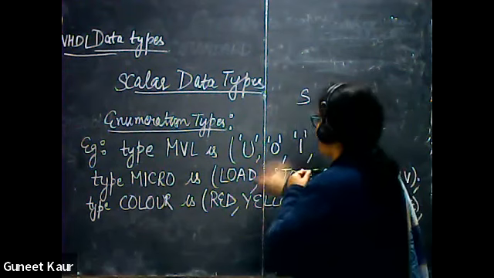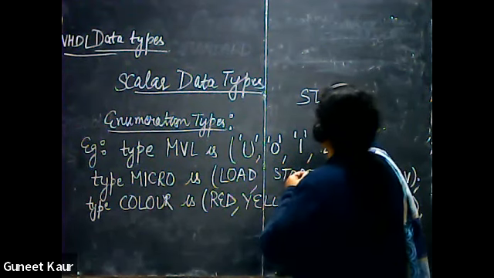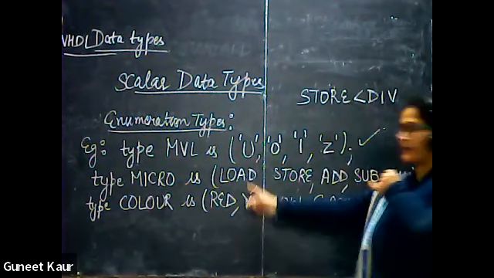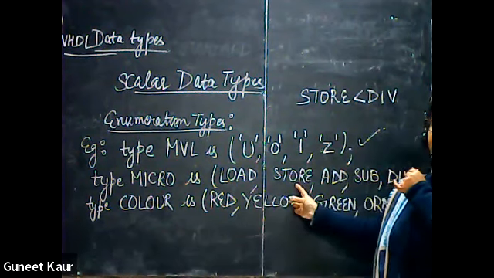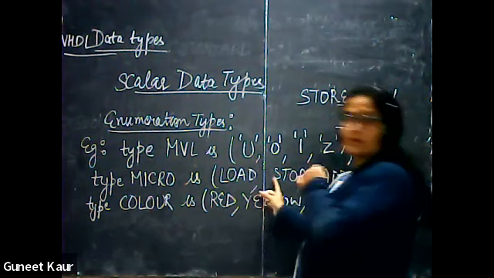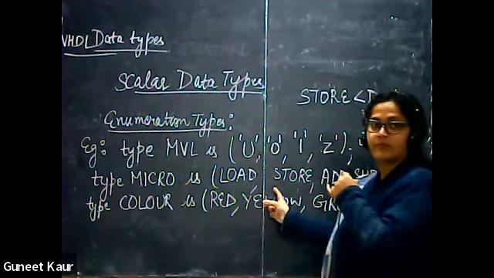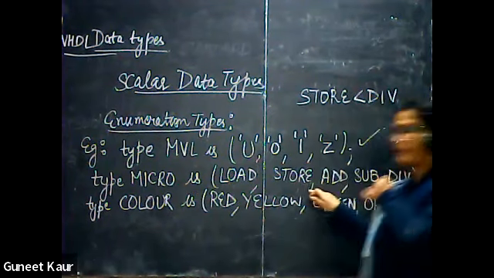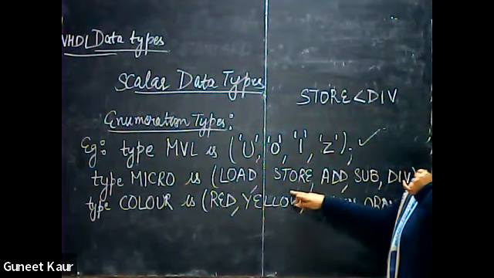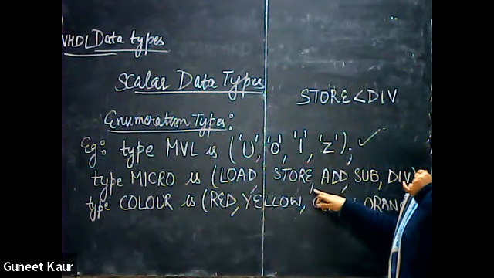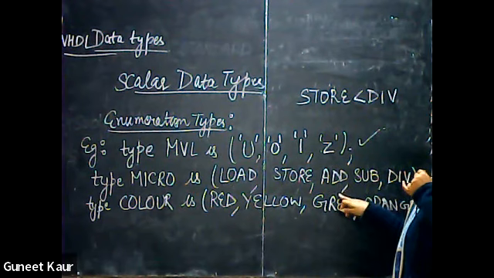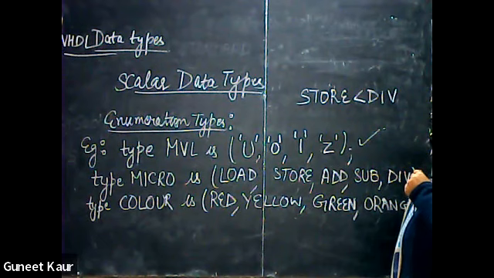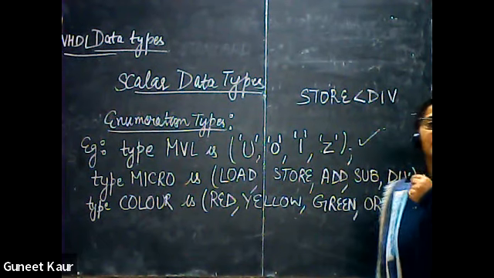Taking this example, the position of load is 0, store is 1, then add is 2, sub is 3, and div is 4. So the store position is less than div.